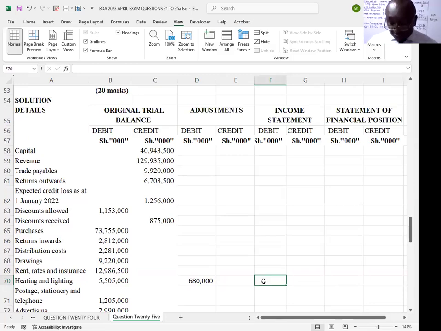Good. So I come here and I say equals this 55 plus this.